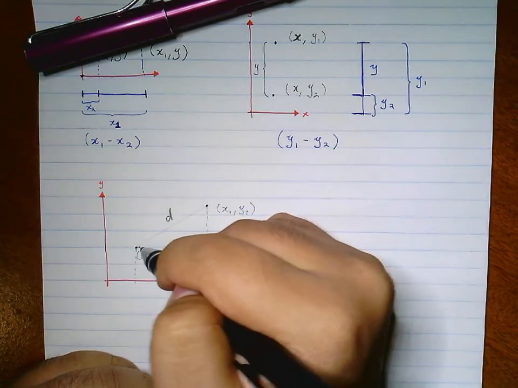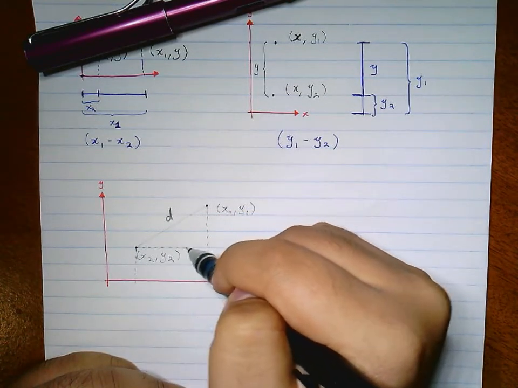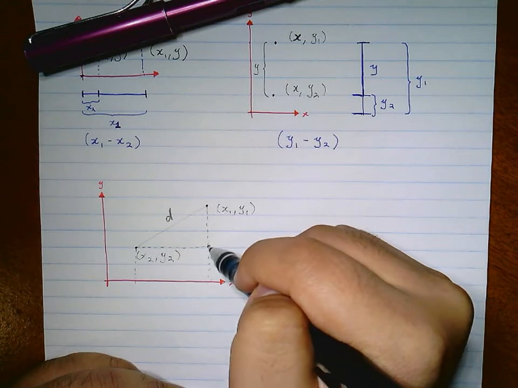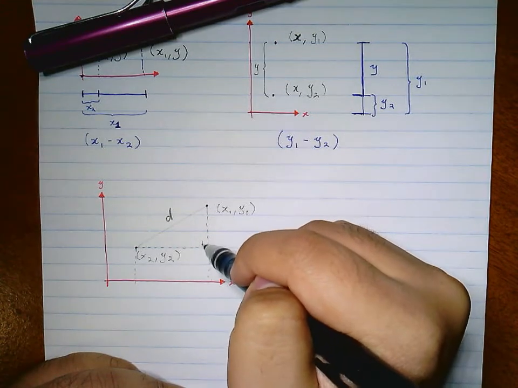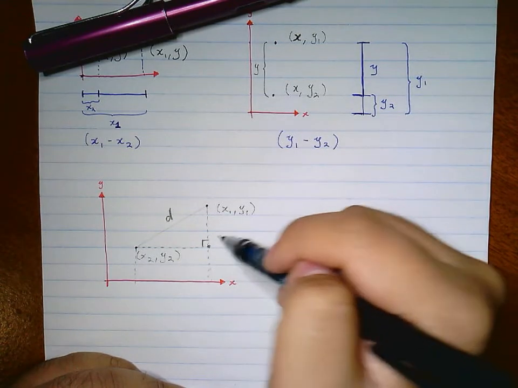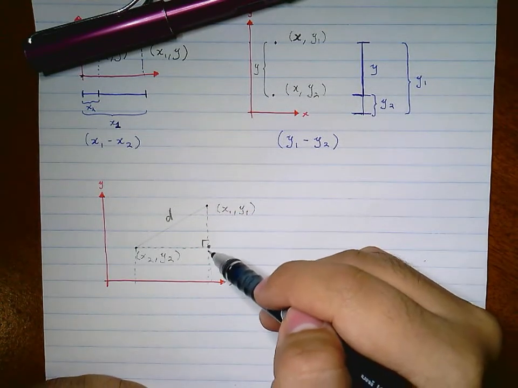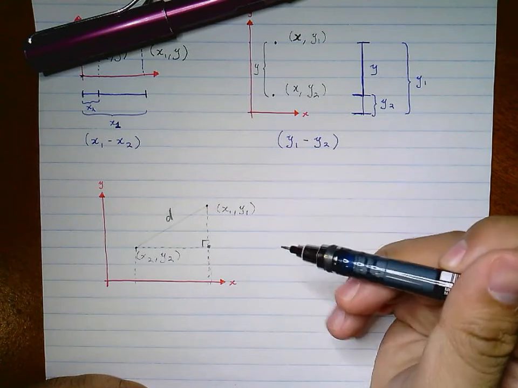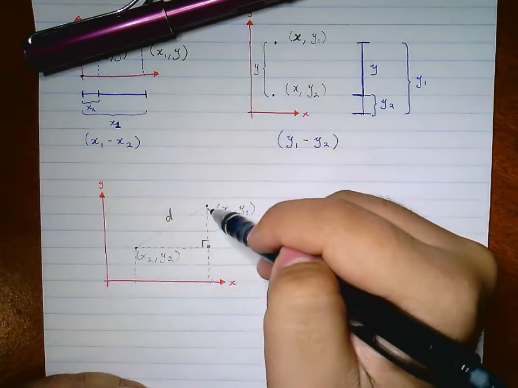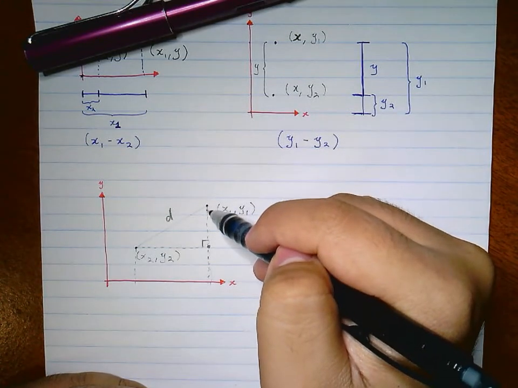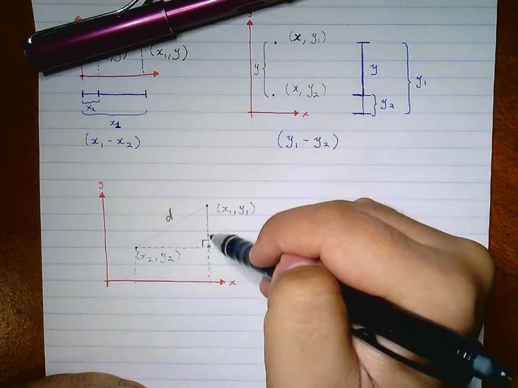And if we extend this one like that, we now have some point here which is a 90-degree angle. We now have our triangle. There we go.